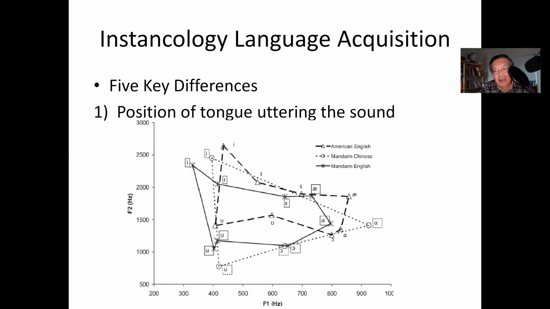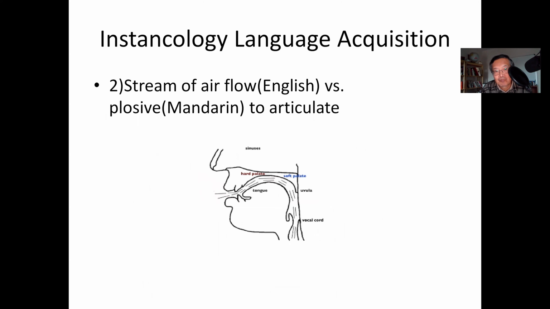Okay, let's see the second one. When English speakers speak the language, the primary language of English, they mostly depend on the air flow from the throat, going up all the way through the mouth and the teeth and out.